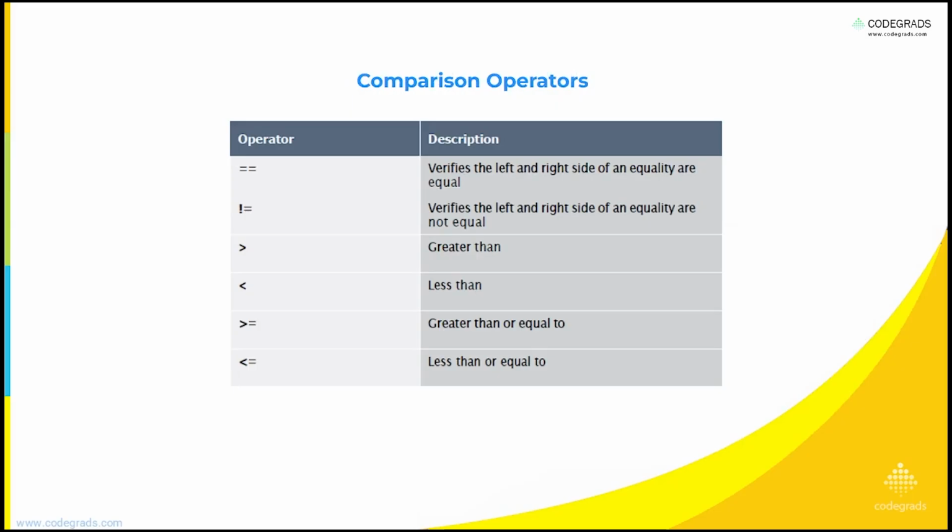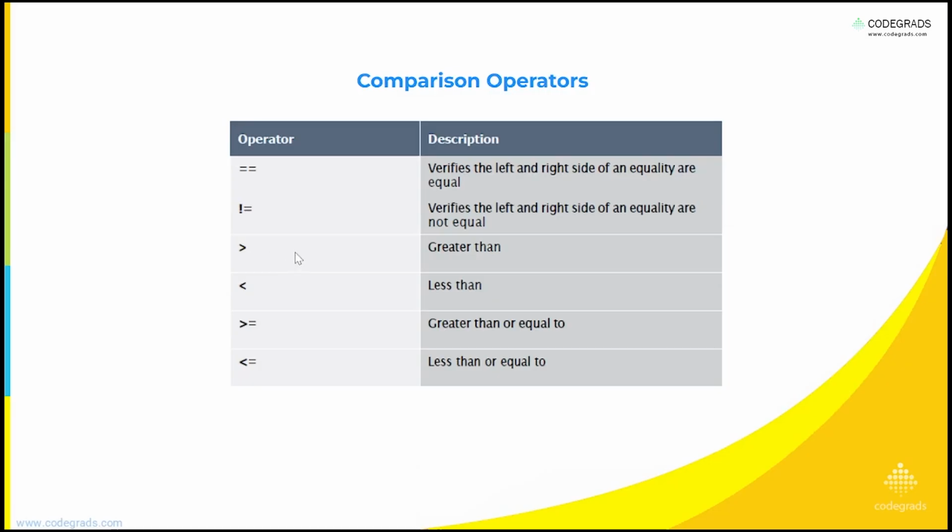Here we have seen the comparison operators starting from double equal sign, not equal to, greater than, less than, greater than or equal to, and less than or equal to. Now for example, if I assign the x variable the value 5, so in x I have stored 5, and I want to check if 5 is greater than 3 or not, I will just say print x > 3.